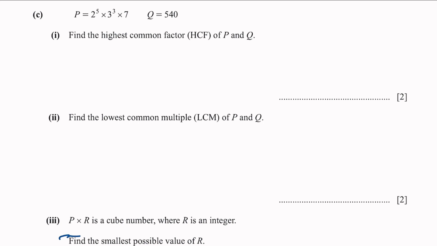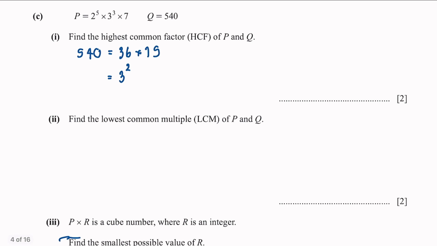Find the highest common factor of P and Q. So the first thing that I will do is I will factorize Q. 540 is equal to 36 multiply 15, which 36 is equal to 9 multiplied 4, and 9 is 3 square, and 4 is 2 square, and 15 is 5 multiplied 3.